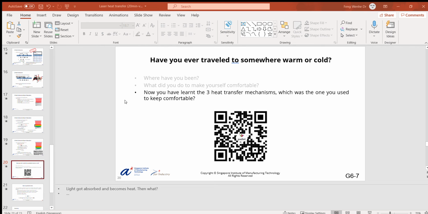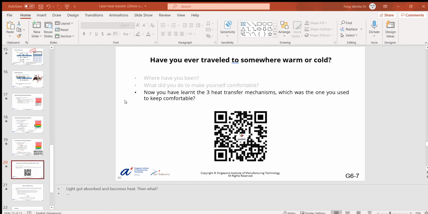So basically, I'd like to say it's a combination of convection and conduction. Okay, thank you. Yeah, and staying indoors with the radiator on, I suppose, because I remember UK has that as well. That is basically radiation. Agree? Okay, cool.